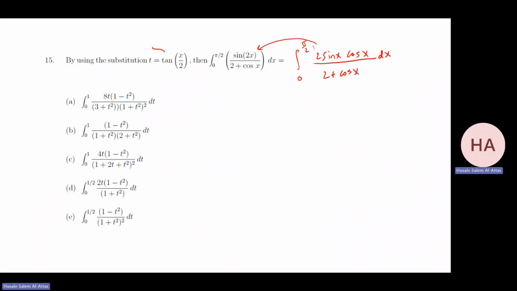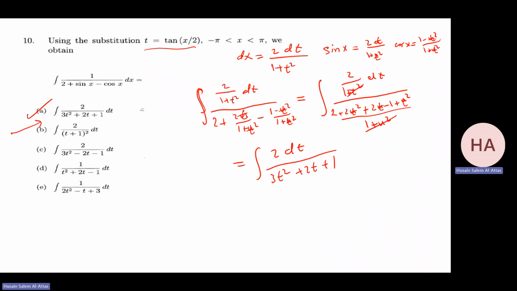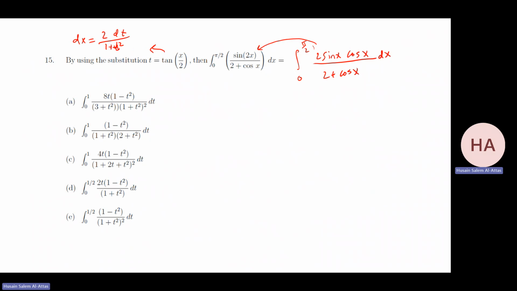Okay, this substitution gives me what? dx will be 2 dt over 1 plus t squared. And sine x is 2t over 1 plus t squared, cosine x is 1 minus t squared over 1 plus t squared. So everything is in terms of t.